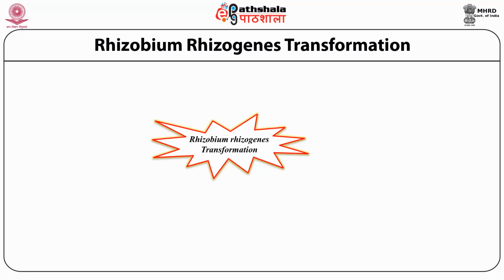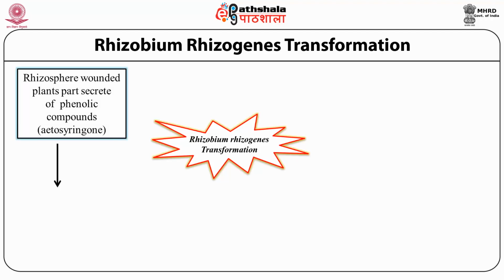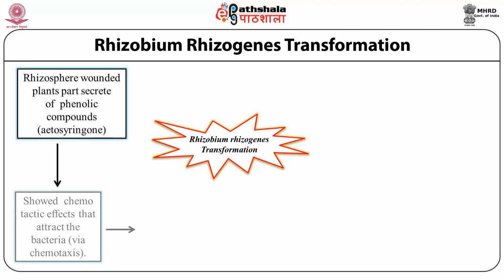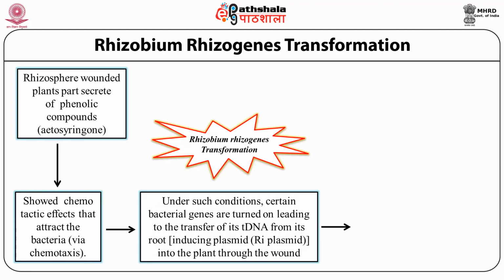In the Rhizobium transformation process, the wounded, infected part of the plant secretes some phenolic compounds. As a result of chemotaxis, it attracts the bacteria. Under this condition, certain genes transfer their DNA into the roots of the plant through the wounded infection.